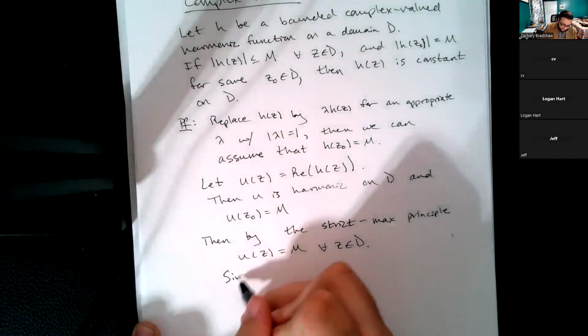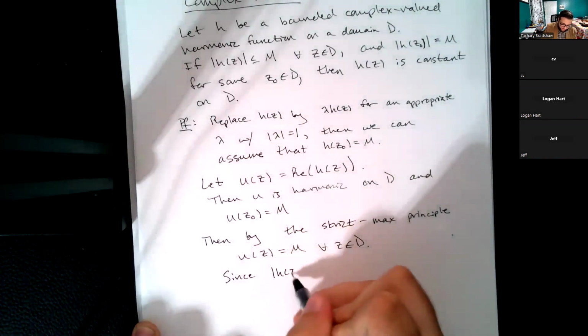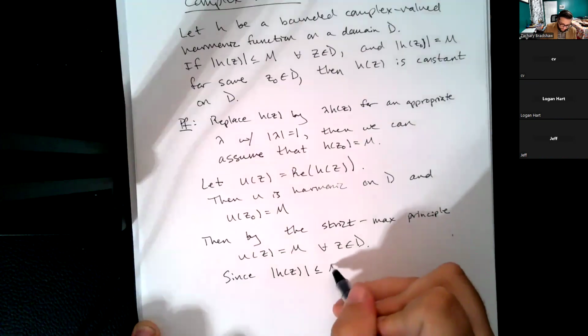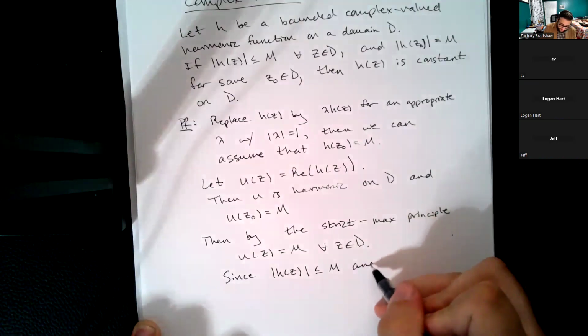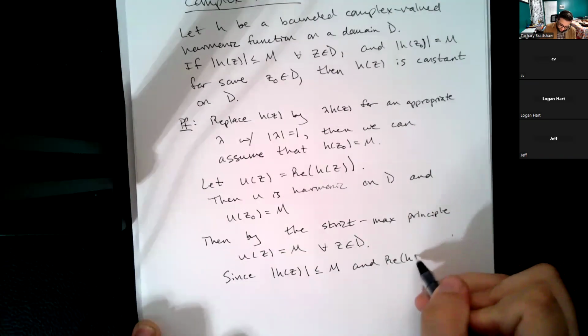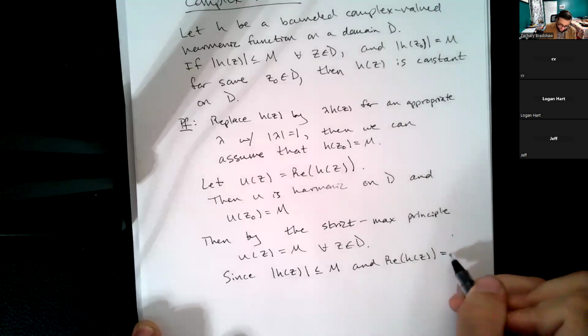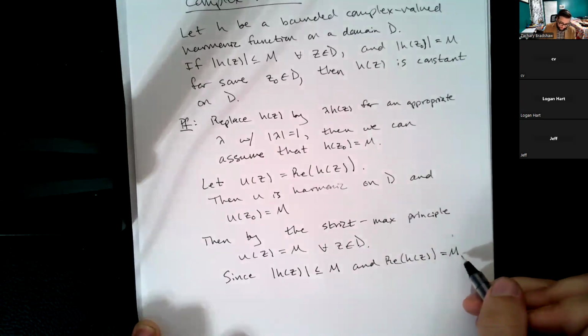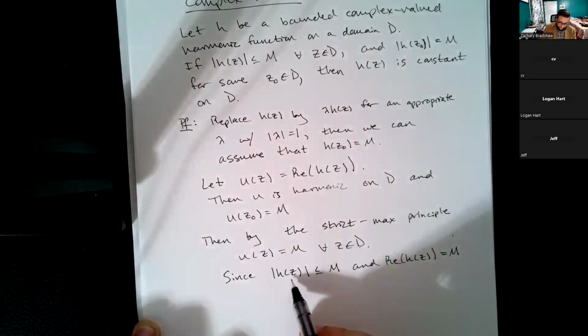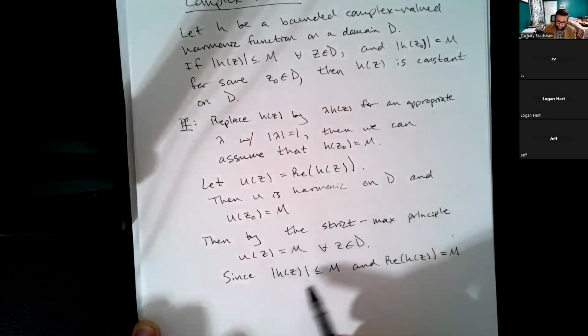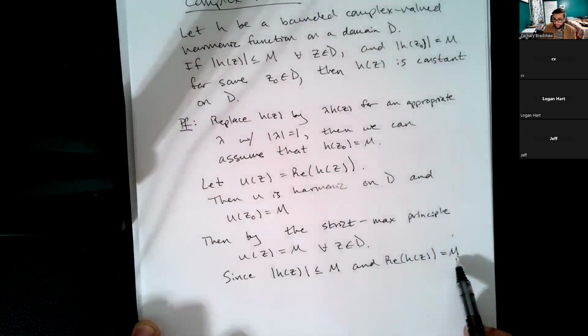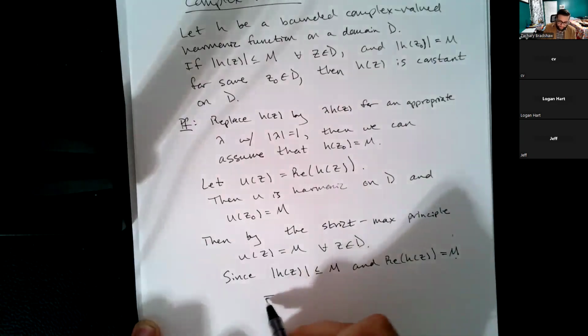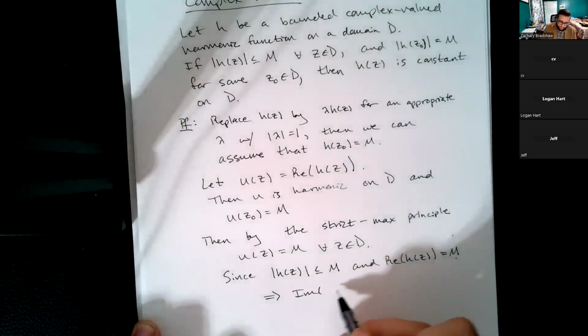And now since the modulus of h is bounded above by m, and the real part of h is equal to m, well, this modulus, remember, is the square root of the real part squared plus the imaginary part squared. So if the real part is already equal to m, then that must mean that the imaginary part must be equal to 0.